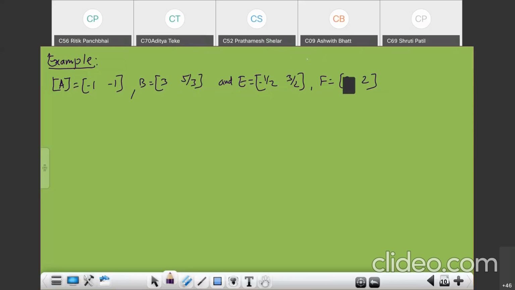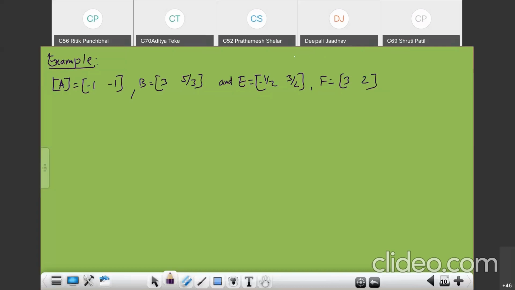So for an example of the intersection of transformed lines, we consider two lines here, AB and EF. A with starting point -1, -1 and B with 3, 5 by 3.